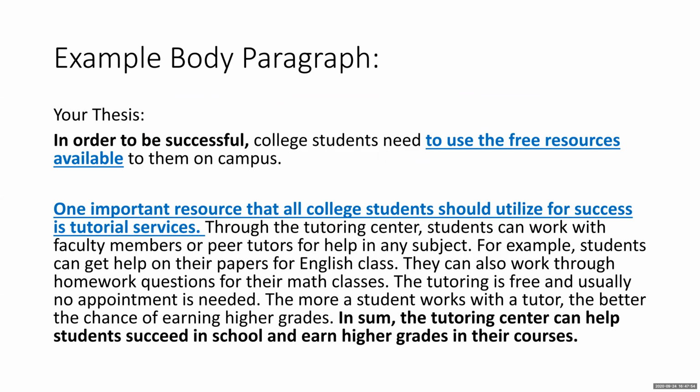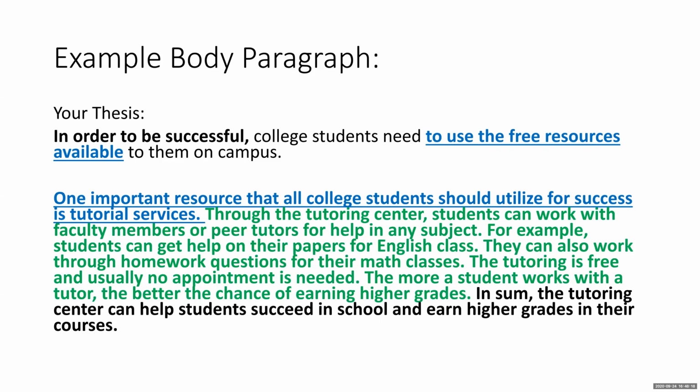Let's return to one of our earlier body paragraphs on using the free resources. This one focused on tutorial services. You've already seen how the topic sentence is given, indicated in blue, and how the summary sentence is provided at the end. But what type of examples or evidence are given in the middle? I consider the examples mostly personal or common knowledge.